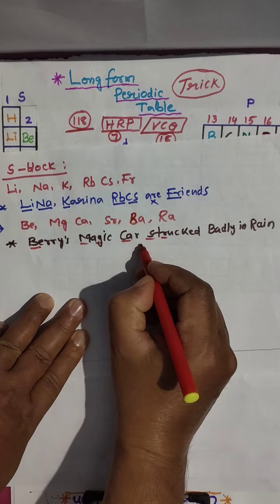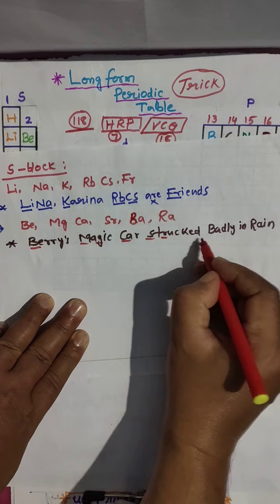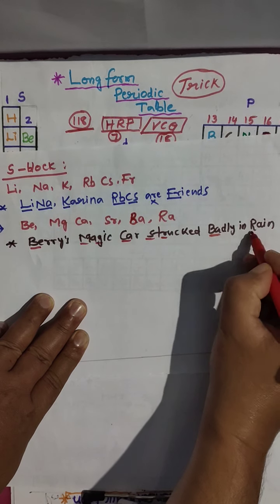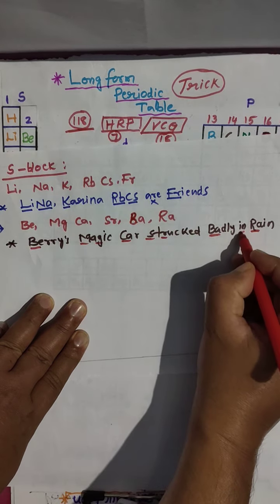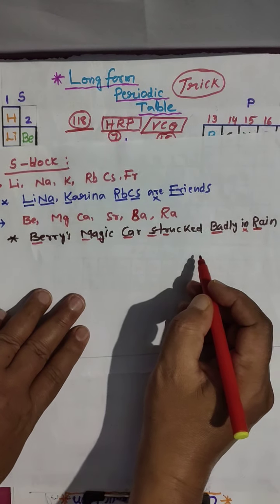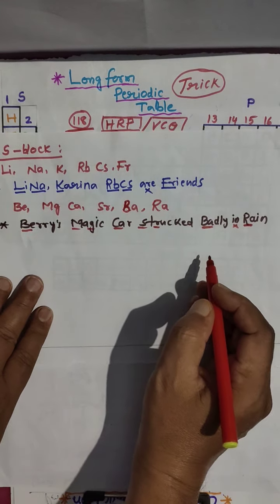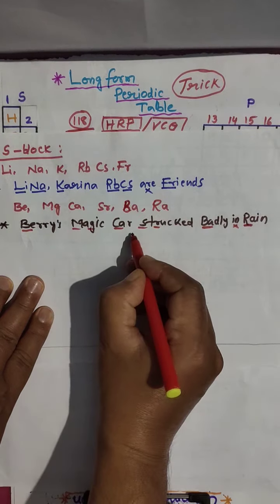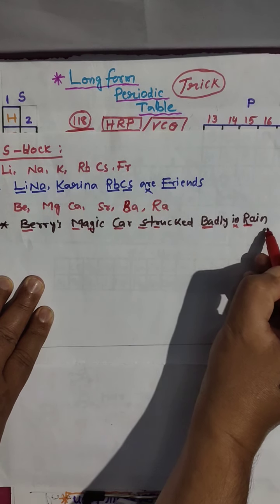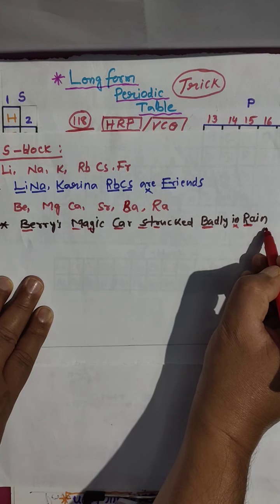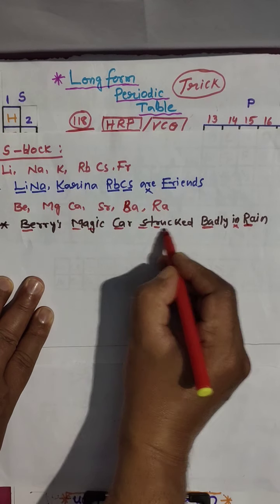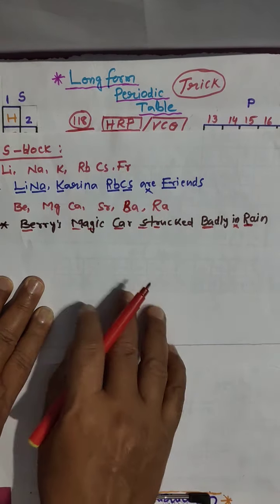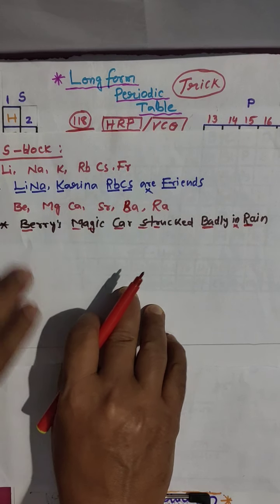Berry's magic car struck strontium badly, barium, in rain, radium. The In is just for the sentence. So beryllium, magnesium, calcium, strontium, barium, radium. This is the S block.